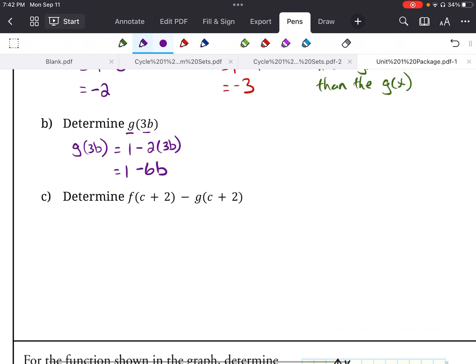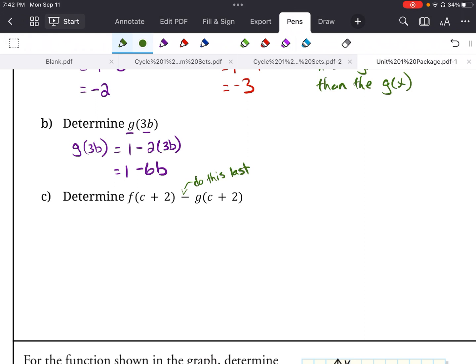Okay, determine f of c plus 2 minus g of c plus 2. Like in BEDMAS, you're going to do the addition or subtraction last. You're seeing these functions as brackets, so that minus sign in the middle, we're going to do last.